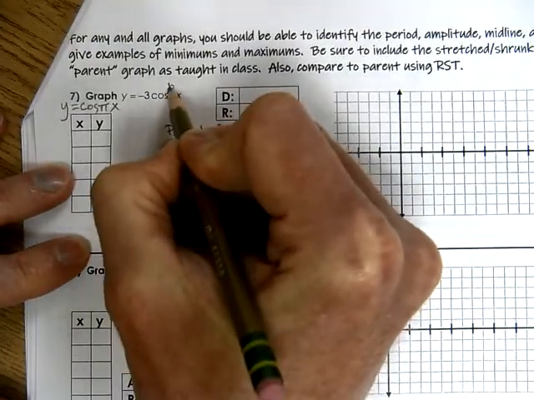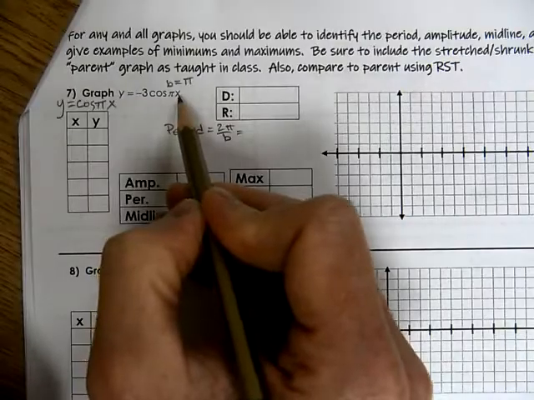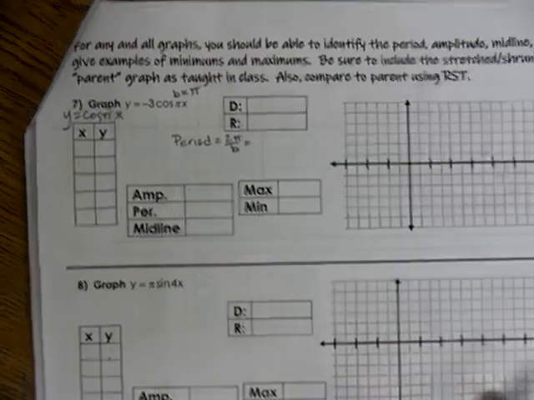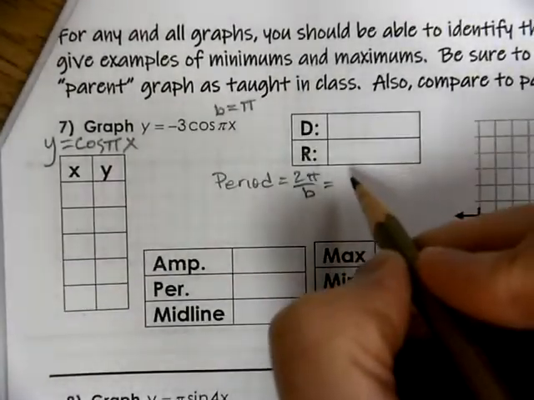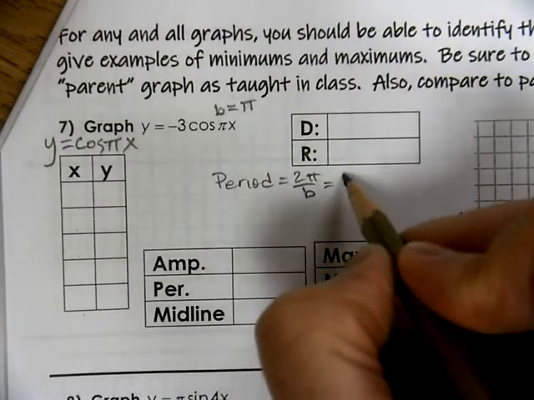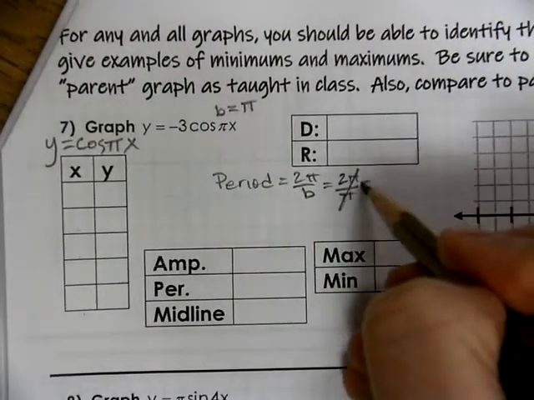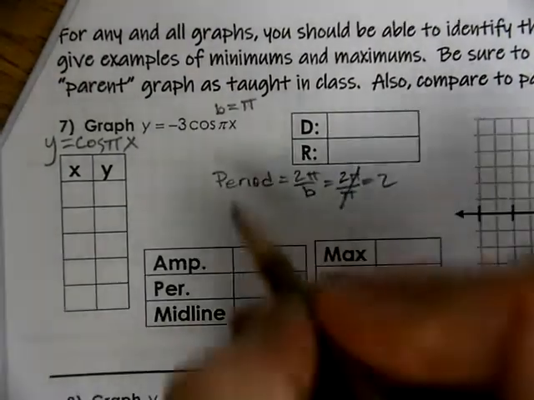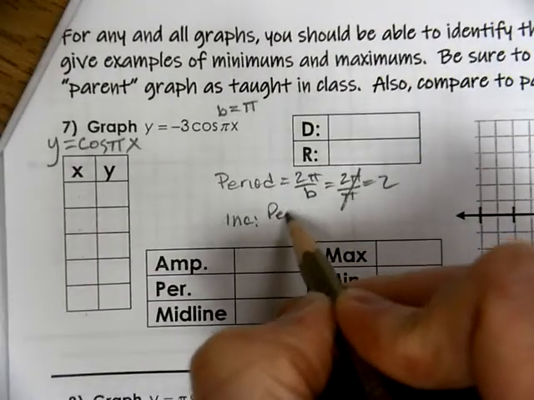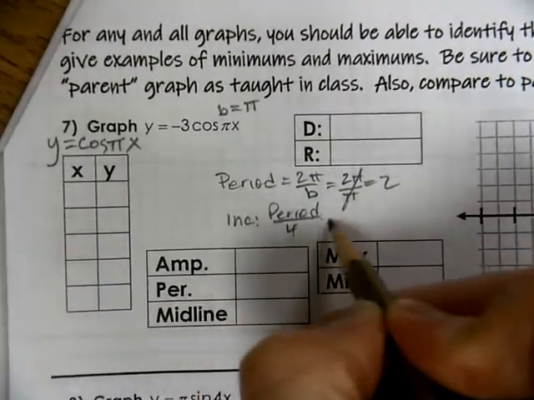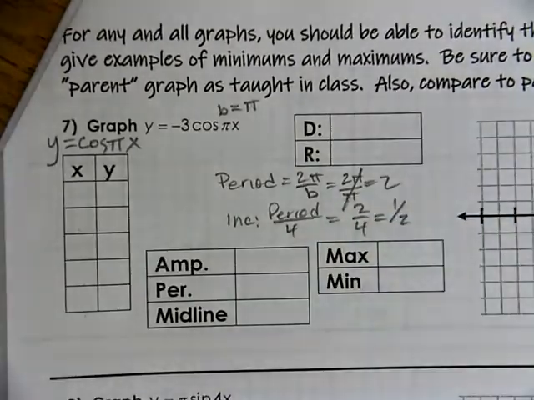Well, my b value is pi, the value in front of the x. So I'm going to say 2 pi divided by pi. They cross off and I get 2. Now I need that to calculate my increment, which is the period divided by 4. So that's 2 divided by 4, which can be reduced to 1/2.